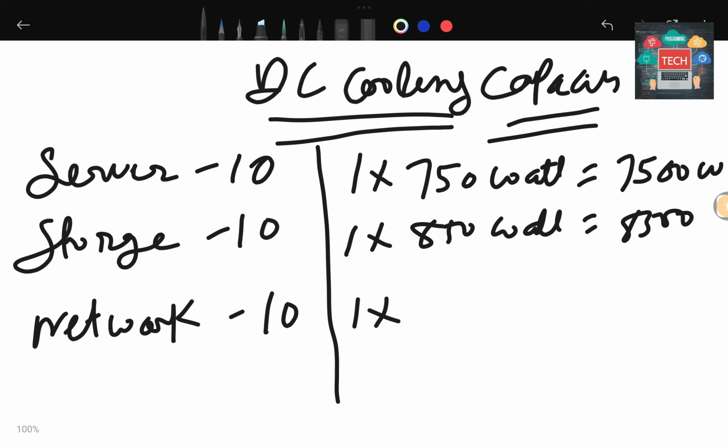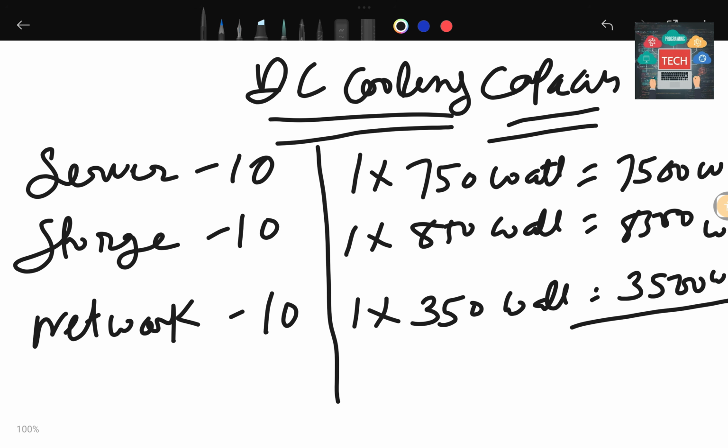One network equipment, because these are small network equipment, we can say it is 350 watt, so the total is 3500 watt. So this is the watts I have calculated. How much does the total become? Let's calculate it on the calculator.